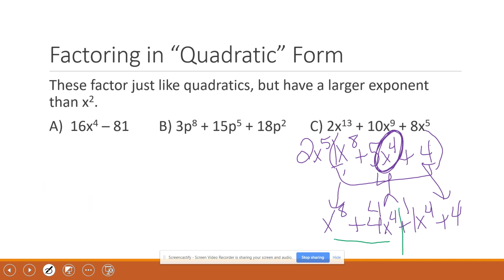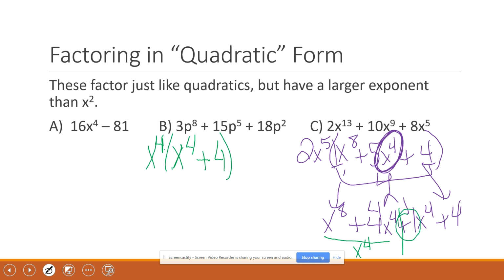Our greatest common factor on this left side is x to the 4th. So we have x to the 4th times x to the 8th divided by x to the 4th is x to the 4th plus 4x to the 4th divided by x to the 4th is 4.